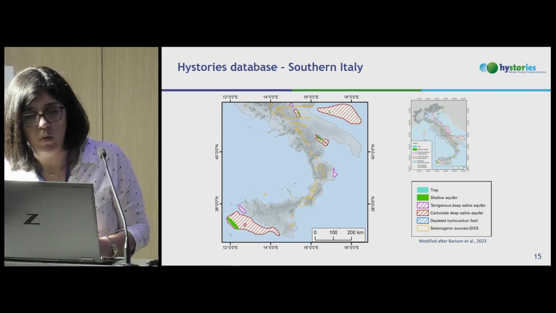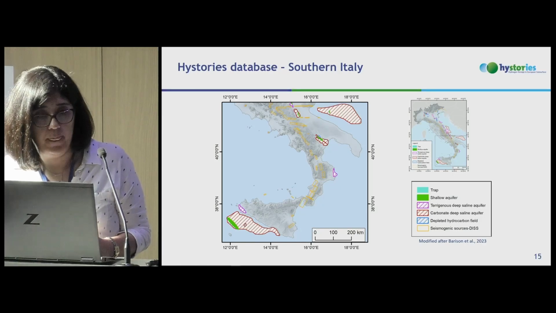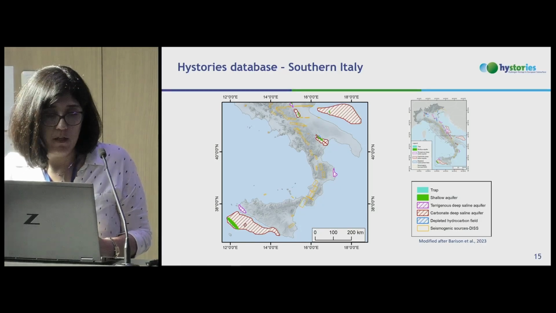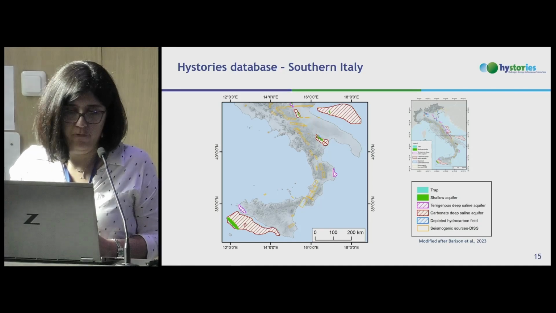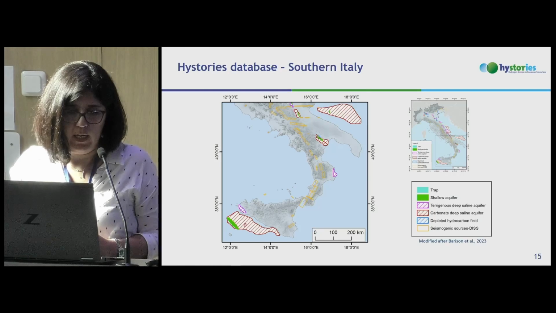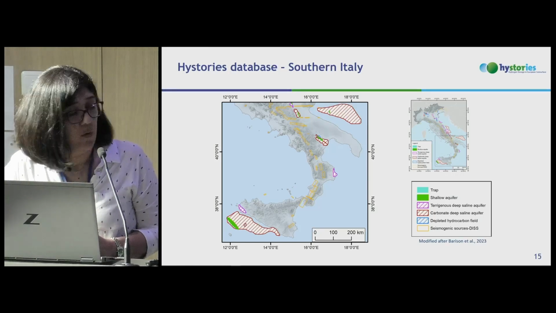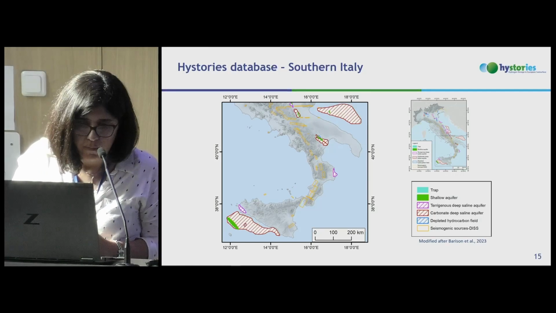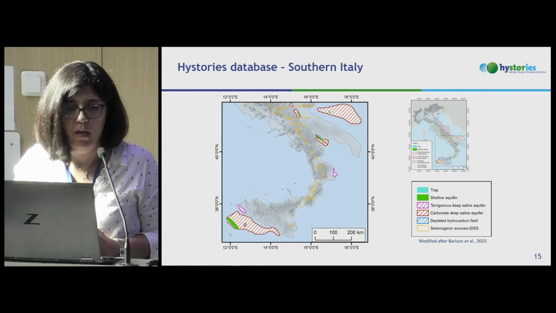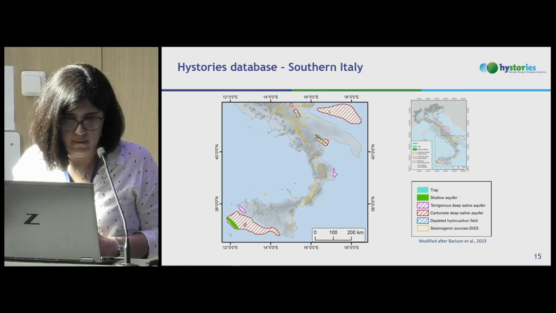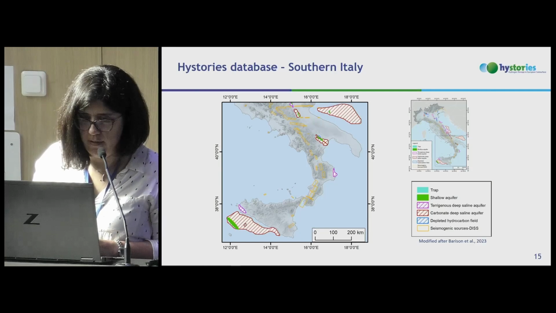Moving to the south, we have again 2 big offshore deep aquifers in the Adriatic Sea and offshore Sicily, but also smaller deep aquifers and shallow aquifers onshore, in particular here in Basilicata on the Ionian Sea. You can see that there are also, it's hidden, depleted hydrocarbon fields, since Basilicata is another area that has been investigated, is still investigated for hydrocarbon and gas exploration.